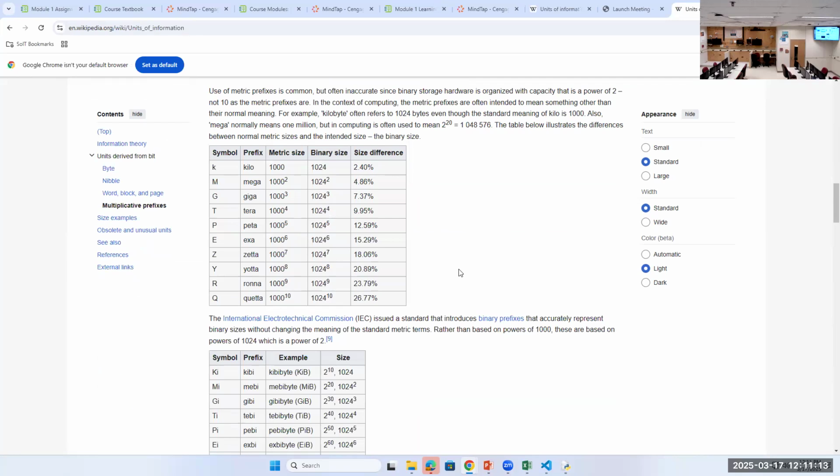So you have 1 kilo, that means you have 1,024 bytes. You have 1 megabyte here, that means you have 1,024 kilobytes, and so on. Now, if you have 1 gigabyte here, that means you have 1,024 megabytes, and so on.